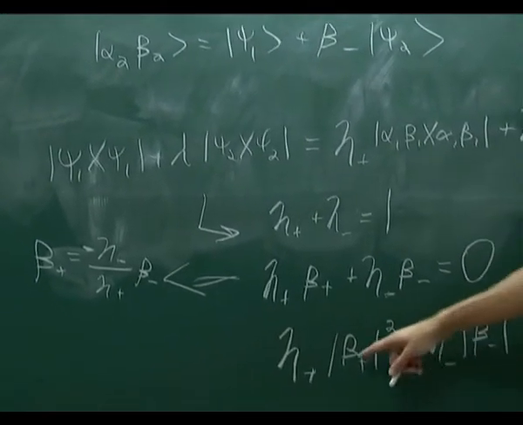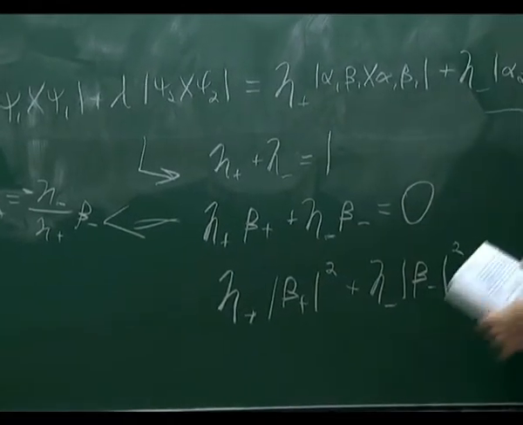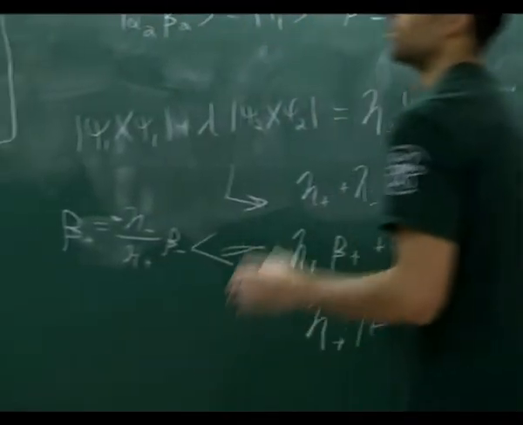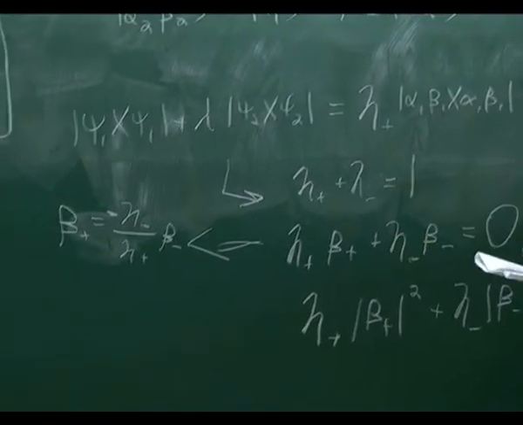We'll be able to use this because when we take the complex conjugate, we'll get the beta plus magnitude squared and the beta minus magnitude squared.